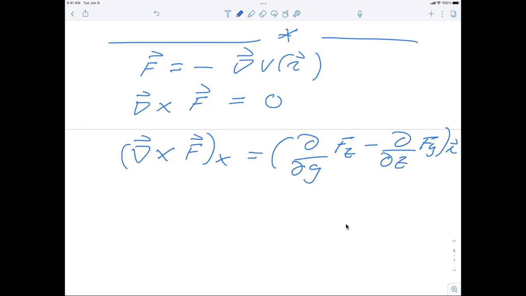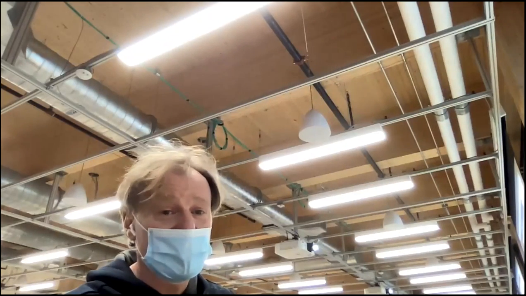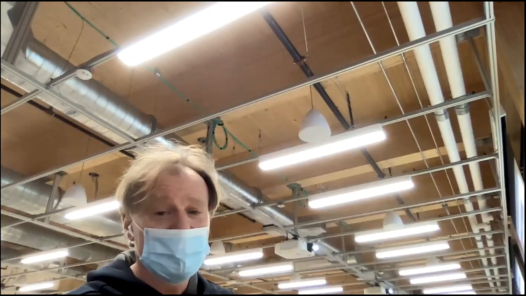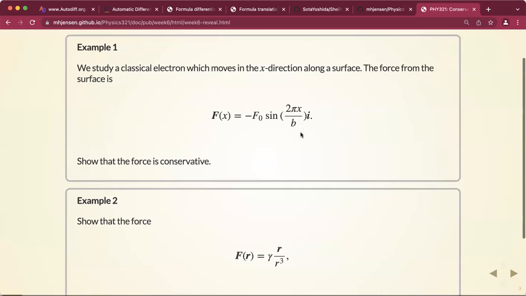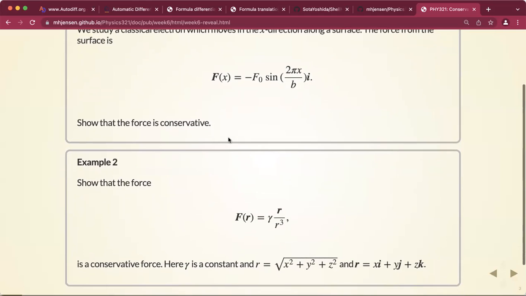And then we are going to use the rest of the lecture to go back to these two small examples, which we put up in the slides. In both cases, we have forces which are dependent only on position, but you need to show that these forces are conservative ones by finding the curl of the forces and showing that it is equal to 0.